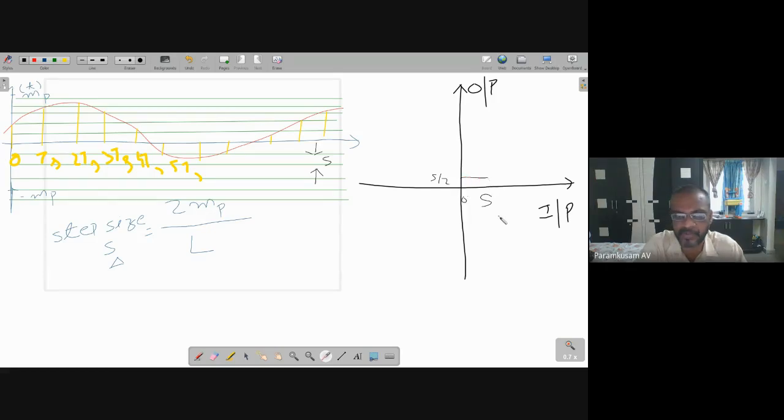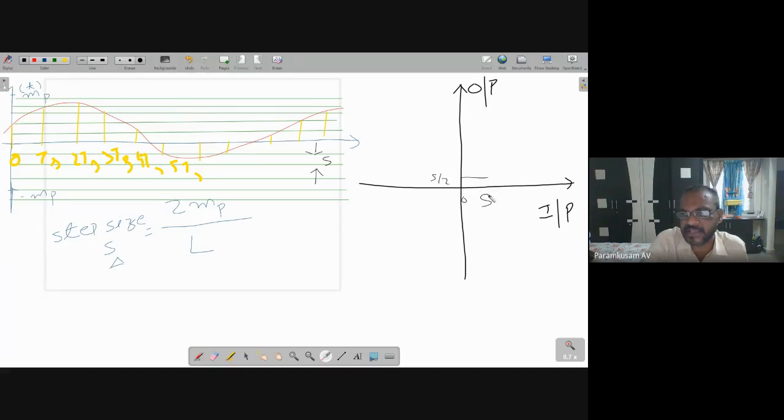For example, in the previous class, whether it is 0, 0.1, 0.2, up to 1, all these values are approximated to the mid value of the interval 0 and 1, which is 0.5. 0 is mapped to 0.5, 0.1 is also mapped to 0.5, and similarly 0.9 is also mapped to 0.5. So when the input is between 0 and S, the output is S by 2.